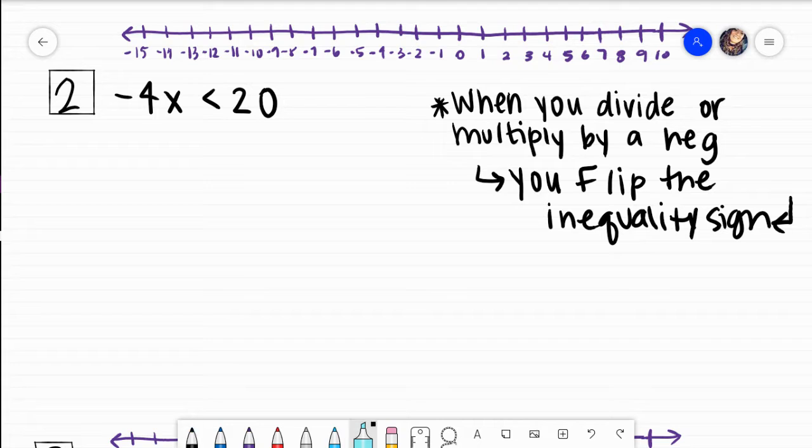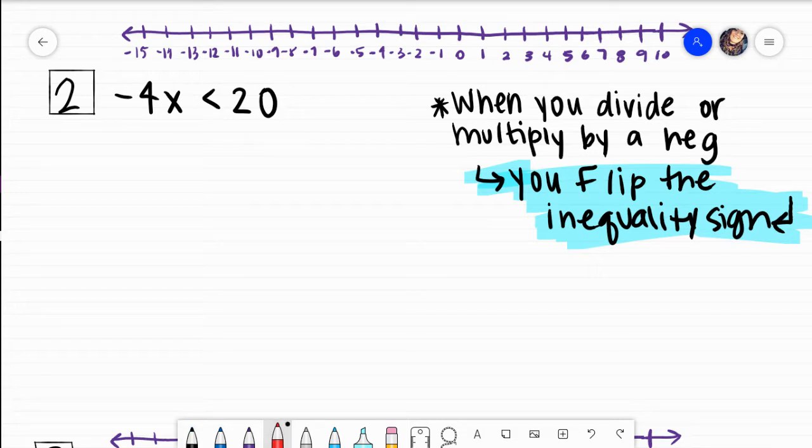Very important. When you divide or multiply by a negative number, you flip the inequality sign. So if you notice, this inequality sign is a less than. It would become a greater than. But let me go ahead and do that work.